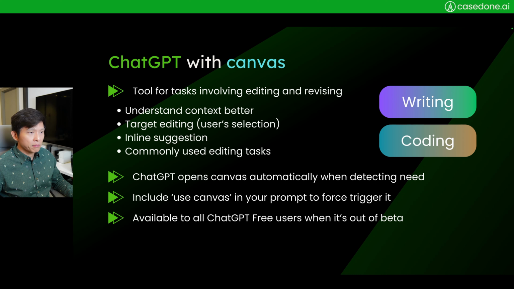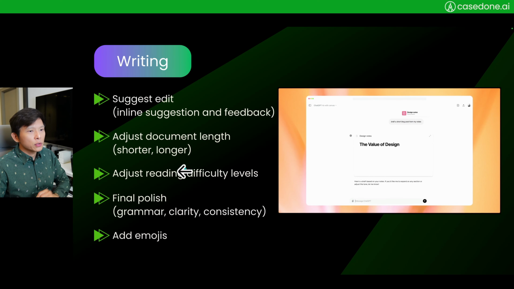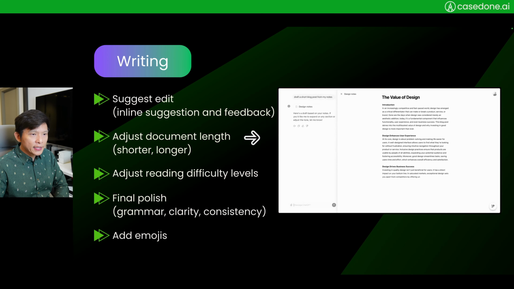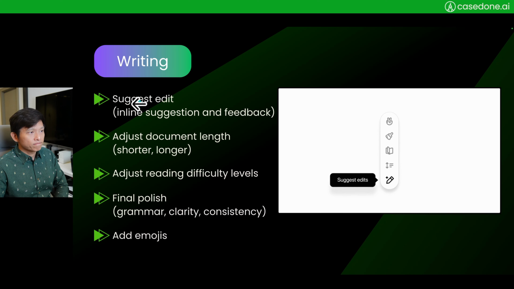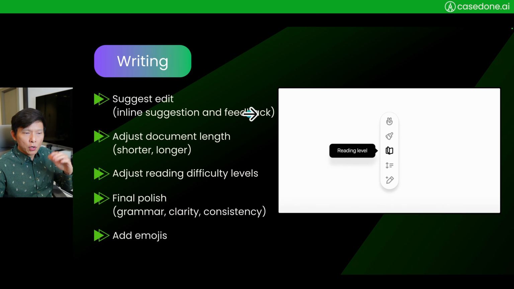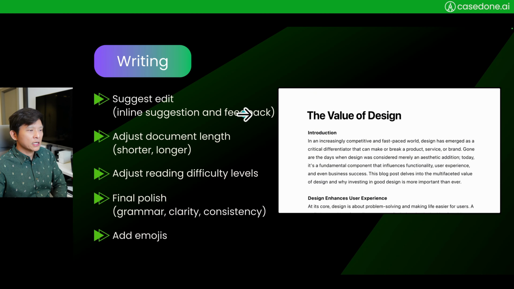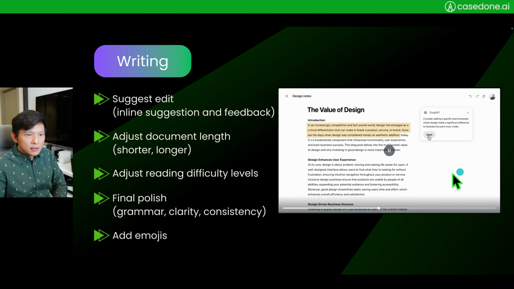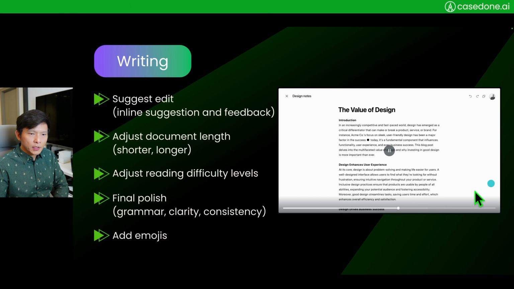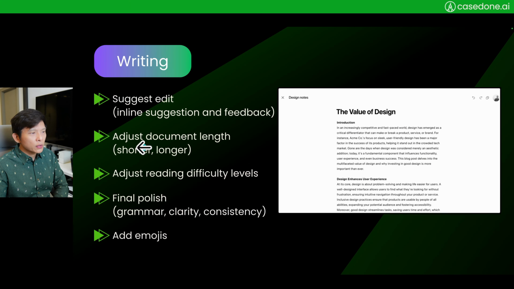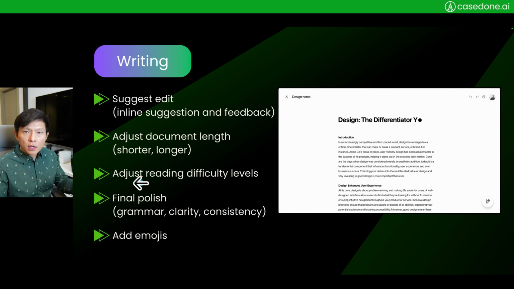Right now, it's available in beta only, but OpenAI promises that this tool will be available for free when it is out of beta. As I mentioned, the first commonly used task is writing, and this tool will help by adding, suggesting some edits inline, or giving feedback from the live document in the Canvas. It has some buttons that you will see on the right-hand side corner right there. They allow you to adjust the length of the document as well as adjust the difficulty of reading.